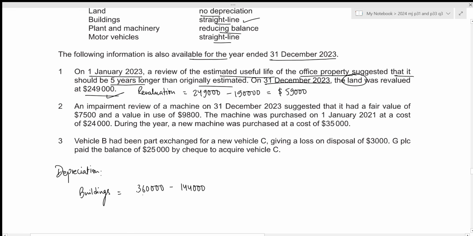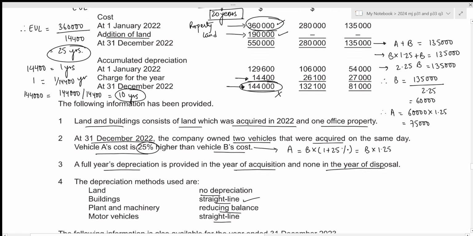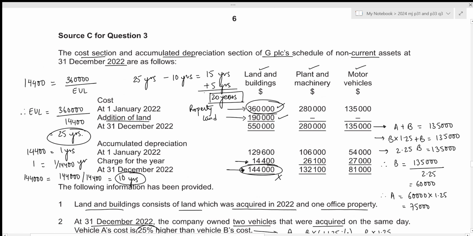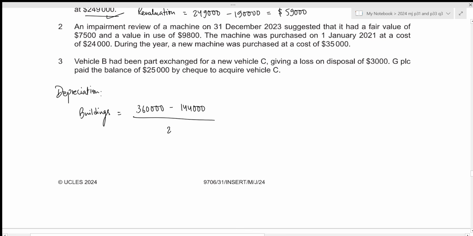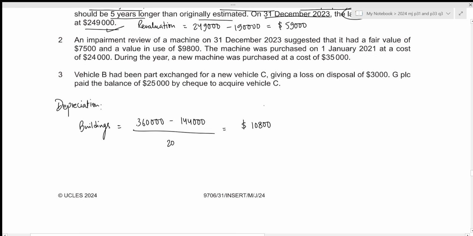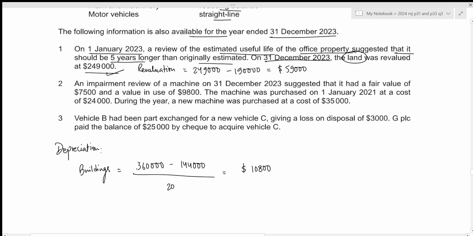This will give us the new cost, and then we need to divide it by the estimated useful life, which we've already calculated to be 20 years. Alright, this will give us the depreciation charge for the year 2023 for our buildings to have the value of 10,800. Okay, that is all that we need to do for the first information.